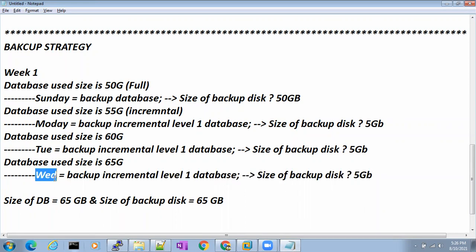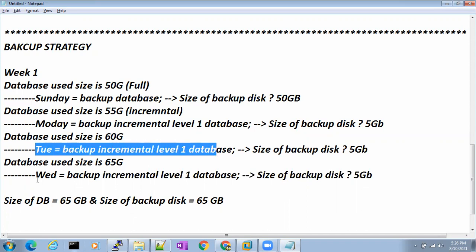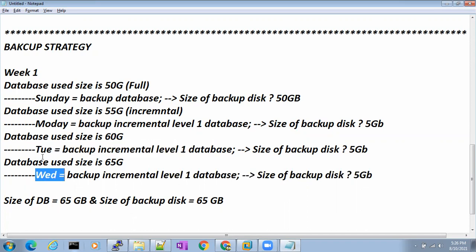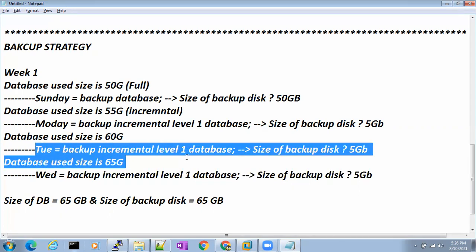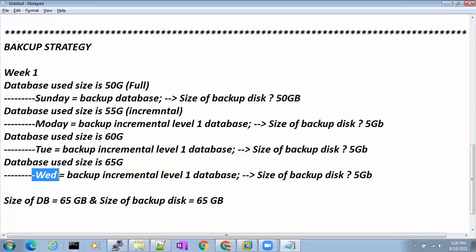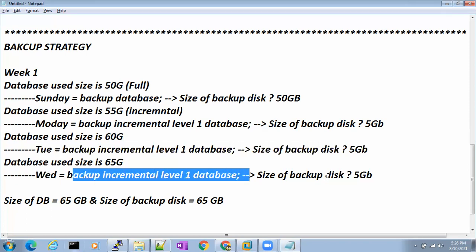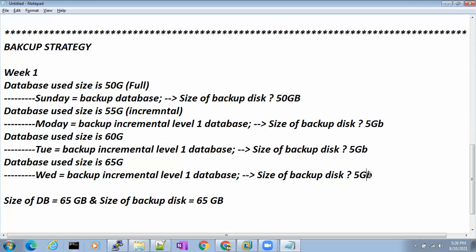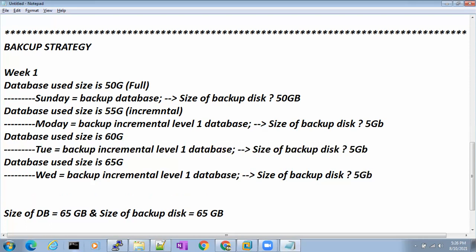Whatever the changes happened between the last backup and today will be backed up. Yesterday 10 o'clock backup completed, so after 10 o'clock till now, only those changes will be backed up. Again the size will be only 5 GB. Now let's go to Thursday.